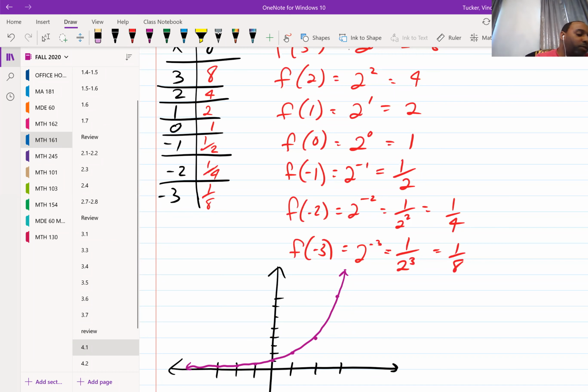That's where that term comes from, growing exponentially, because it grows real fast, skyrockets. All right, any questions on that?